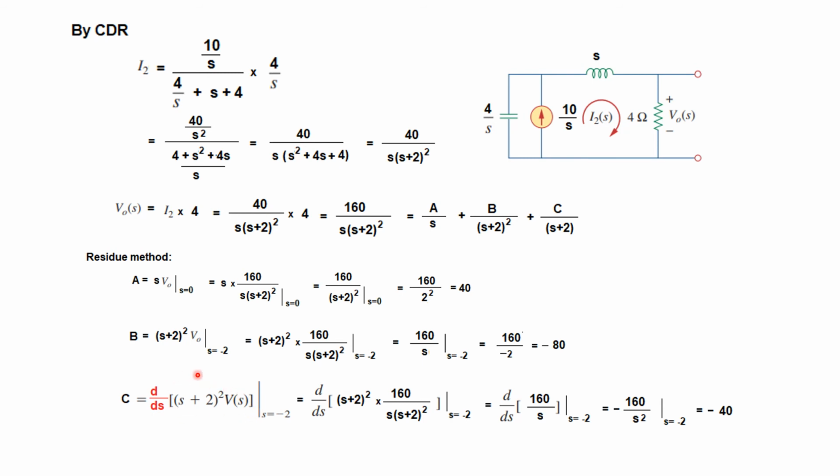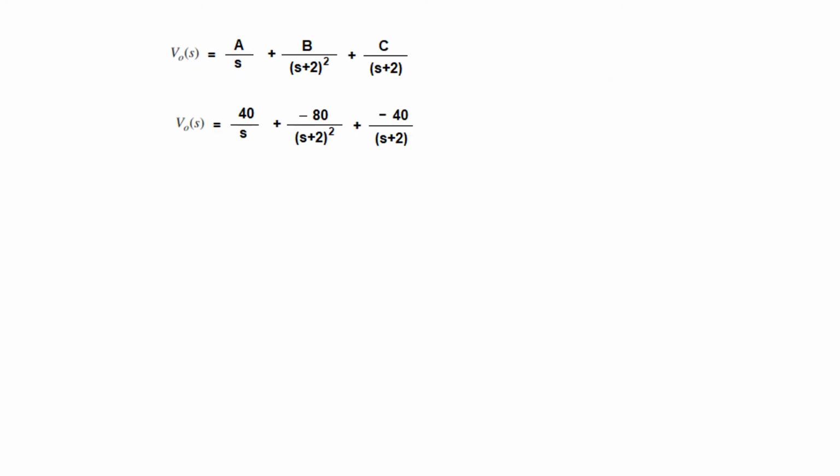Differentiating the whole expression, (s plus 2) square times V₀(s), and putting the value s equals minus 2 here. I hope you can follow this; you can simplify it, and the answer here is minus 40. So we have got A, B and C, and we will now put in the values of A, B and C.